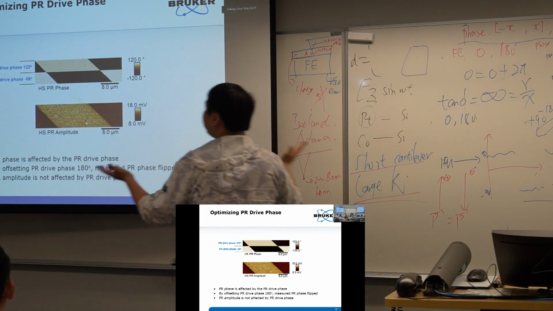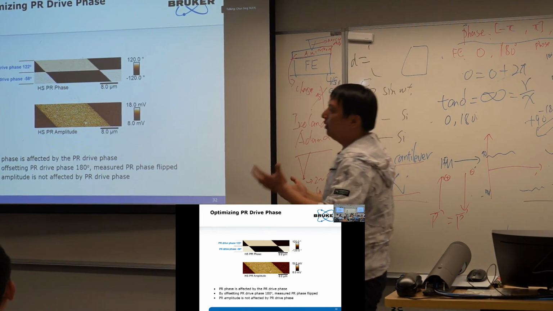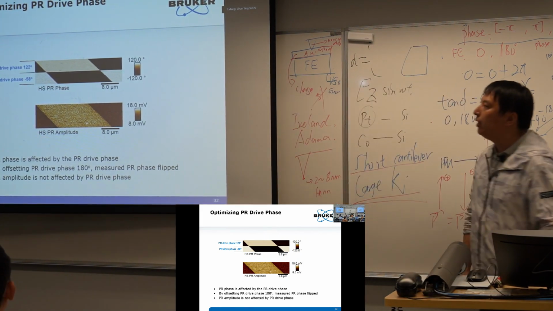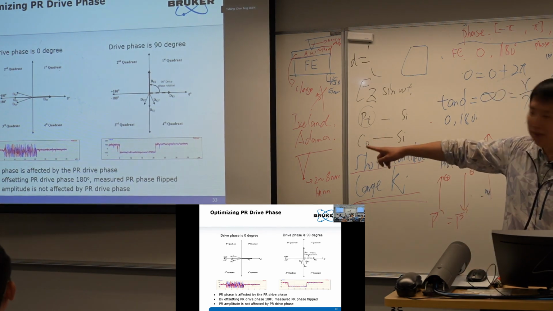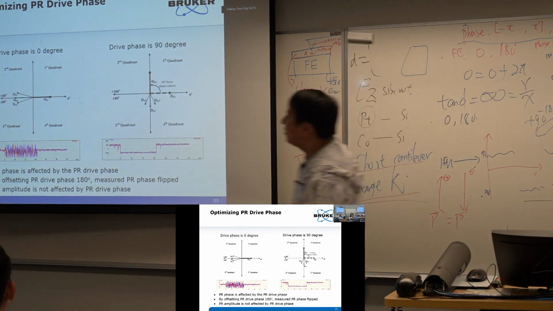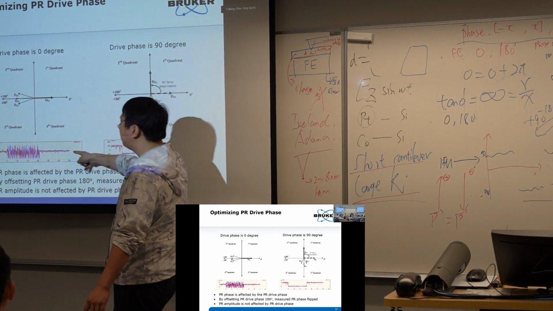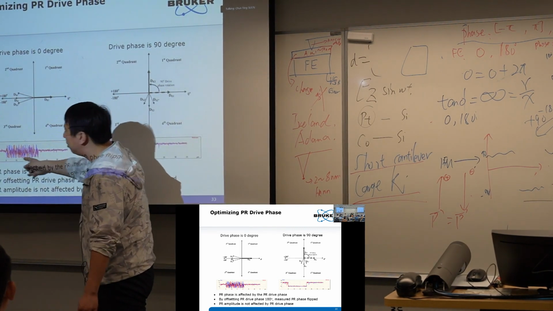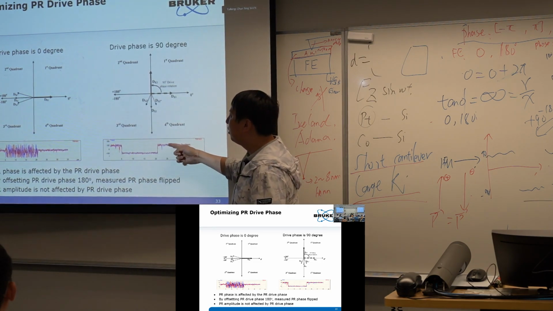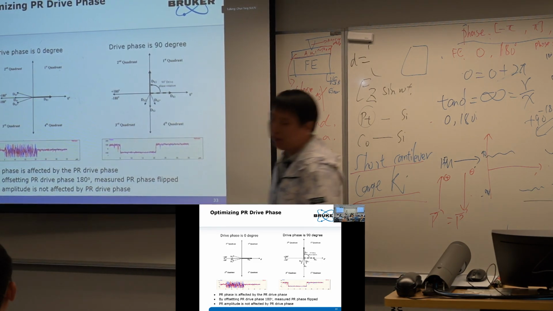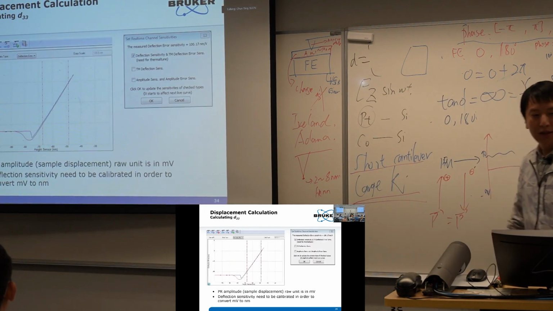Doesn't matter, because we only need it to be a 180 degree difference. That's the same thing they want to explain here. This is stable at 0, this is noisy 180, and then they shift to 90 and negative 90.